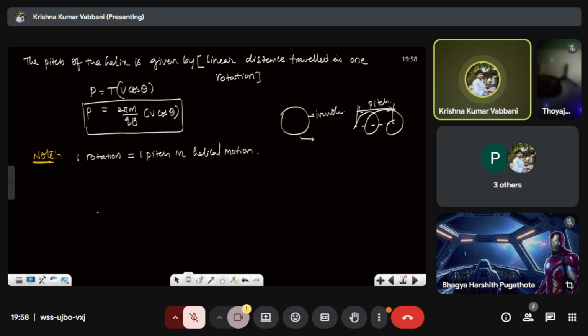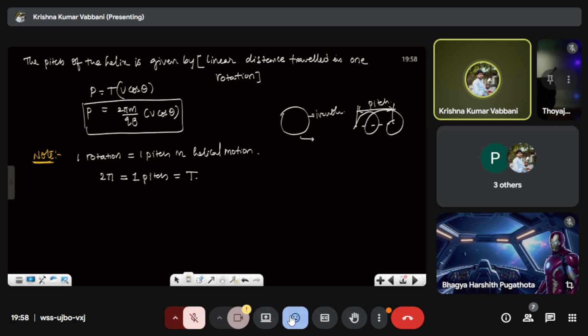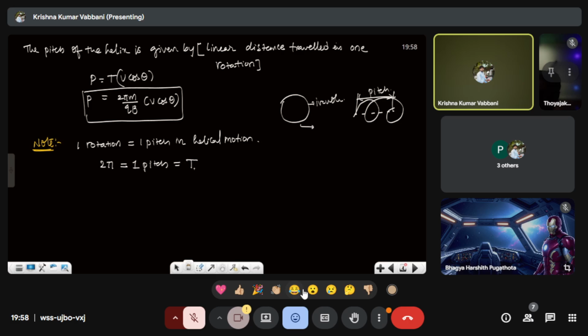You have to remember this. So what is one rotation? One rotation is nothing but 2 pi. And one pitch is also 2 pi. So 2 pi we usually call the time period. So we take 2 pi as T. Okay, so you need to remember this.